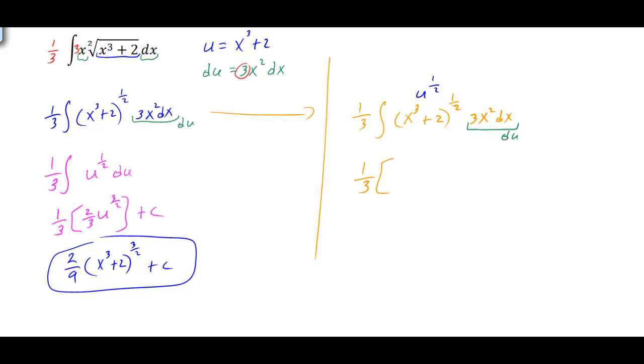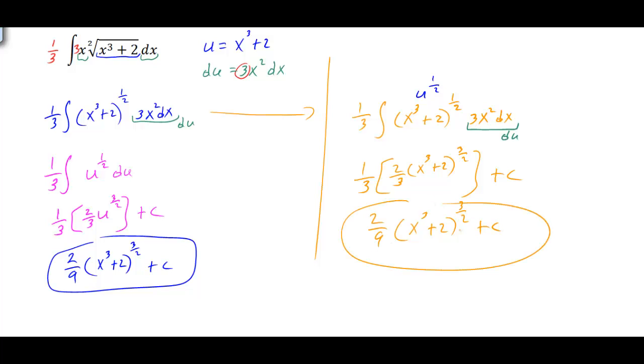So we take the x cubed plus 2 and raise the power by 1, so 1/2 plus 1 is 3/2, and then we multiply by 2/3. Instead of dividing by 3/2, we multiply by 2/3, and then of course we have our plus c. So we end up with the exact same answer, because if we multiply, we get 2/9 times x cubed plus 2 to the 3/2 plus c.